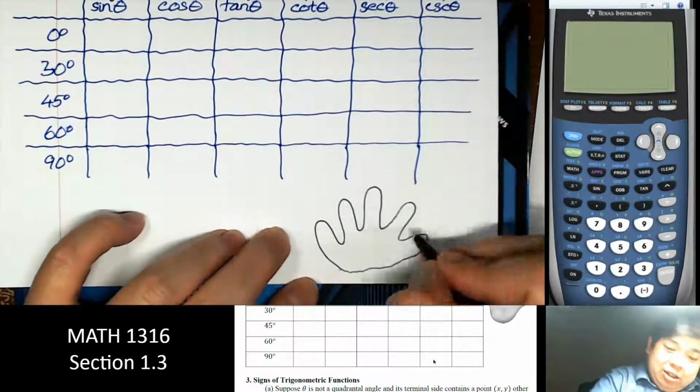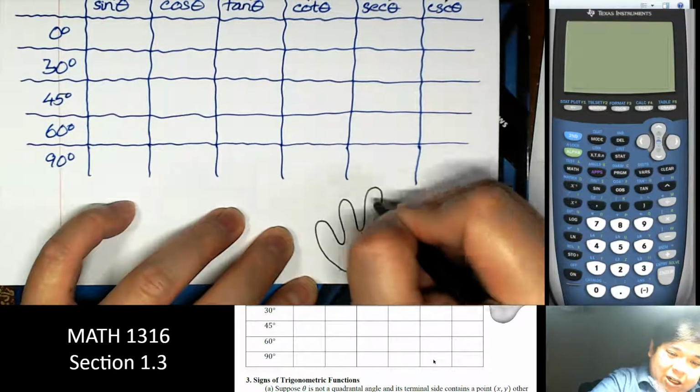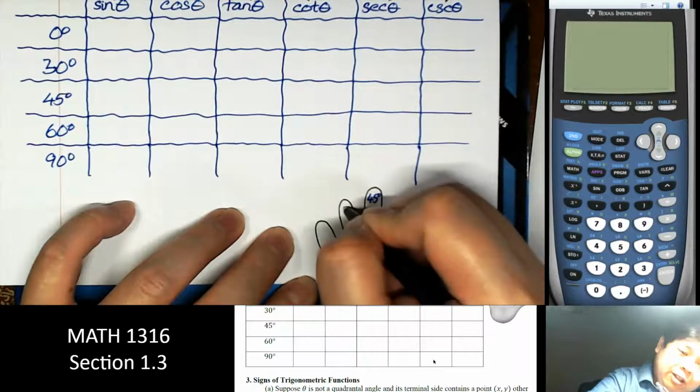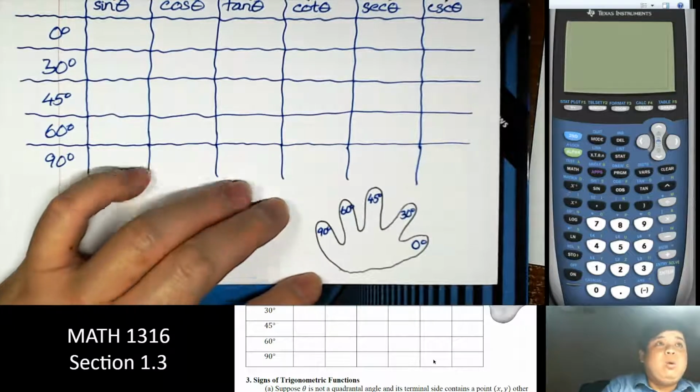It's a terrible hand, but counterclockwise 0, 30, 45, 60, and 90. So go counterclockwise.